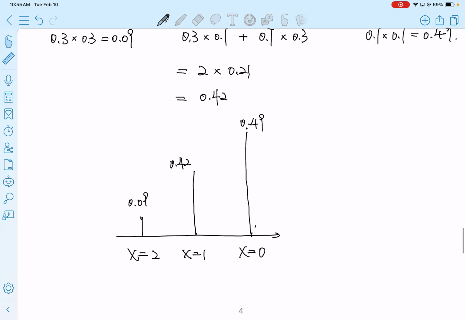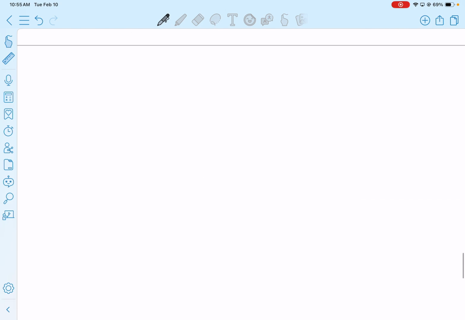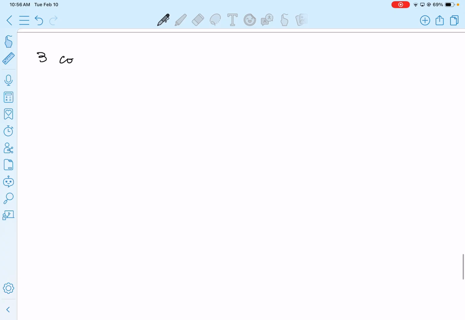Okay, so let's do one more example for the 3 coin case, and then we will make some comments on what we're doing here. Okay, so 3 coins. So again, we can have the 3 heads, also the 3 tails. Now let's also list the other cases. We can have the first 2 are heads and then tail, and then head, tail, and head, and then tail, head and head.